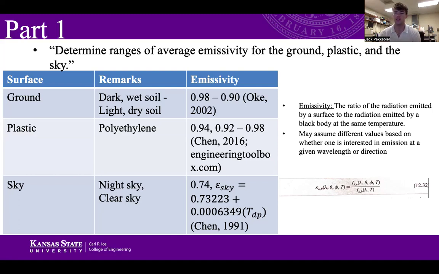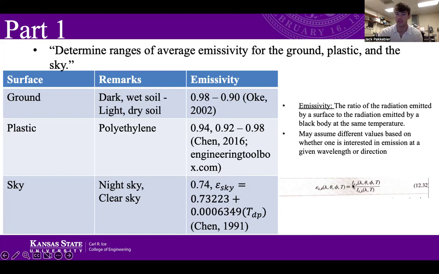Before I go on, let me actually tell you what emissivity is first. Emissivity is the ratio of the radiation emitted by a surface to the radiation emitted by a black body at the same temperature. This emissivity may assume different values based on whether one is interested in emission at a given wavelength or direction. So here in this little picture I took from the book, emissivity at a certain wavelength and direction is a function of wavelength, direction, and temperature.